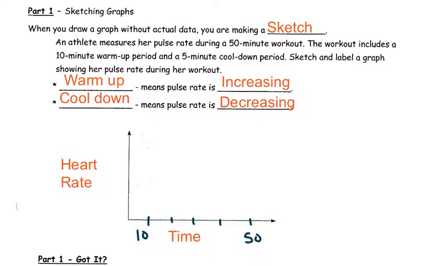So let's start maybe right up here on the y-axis, and then for the first 10 minutes her heart rate is going to increase, and then during her workout she probably will maintain a steady heart rate, and the last 5 minutes of her workout, so right about here is 45, that means her heart rate is going to decrease until 50 minutes.